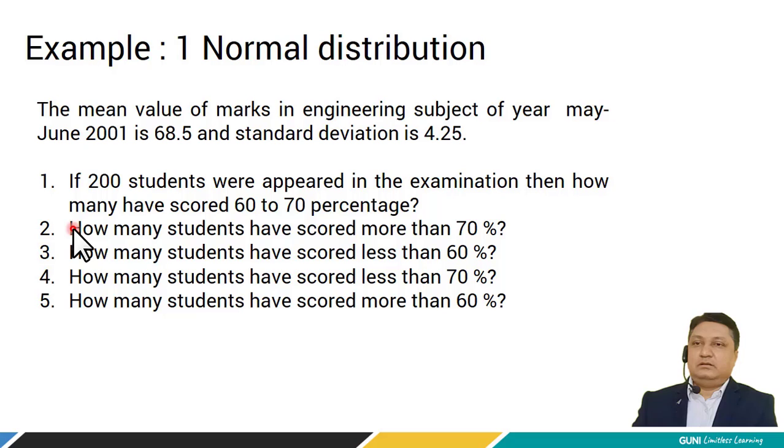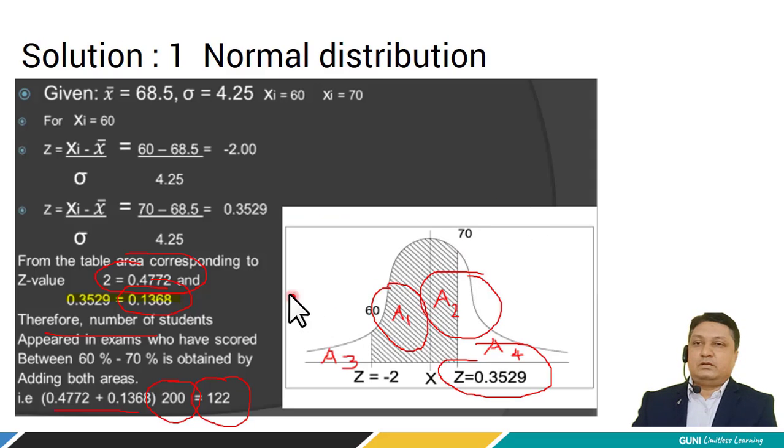Now we can find the answer of question number 2, that is how many students have scored more than 70% from this answer. So we can say that we have to consider the area A4 for our answer.